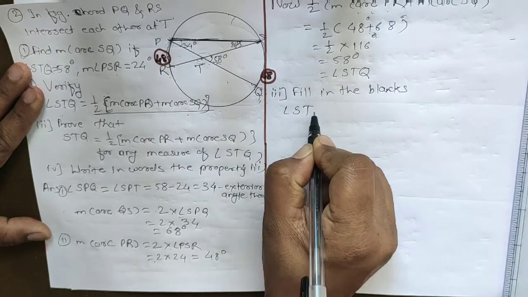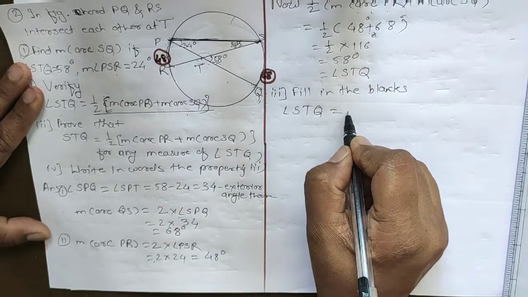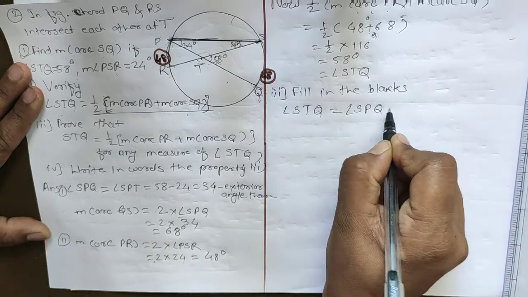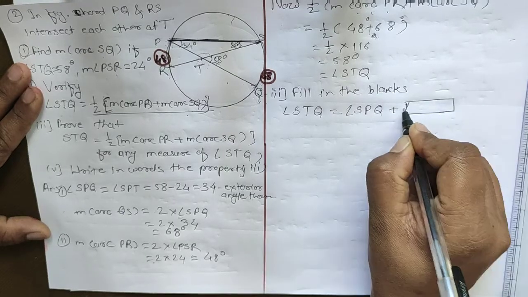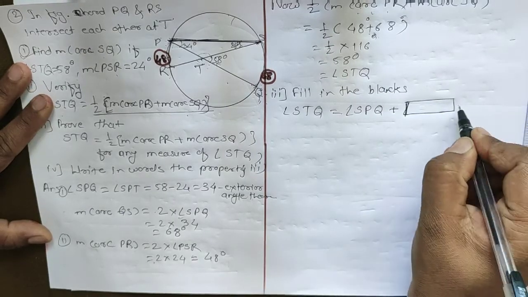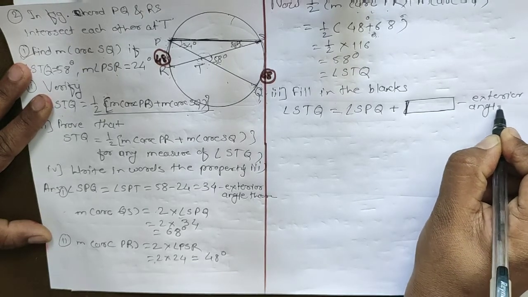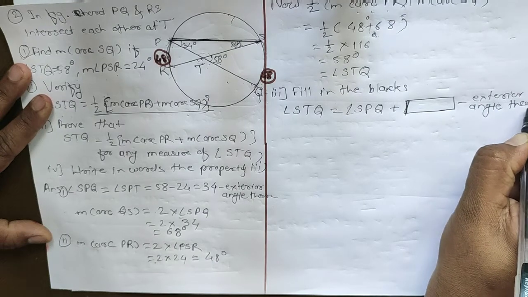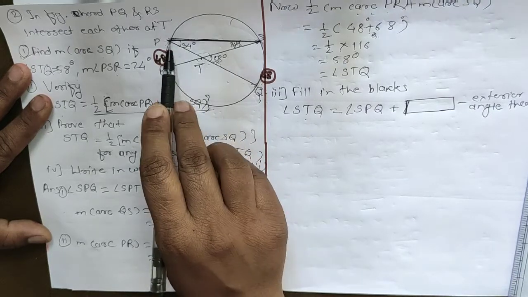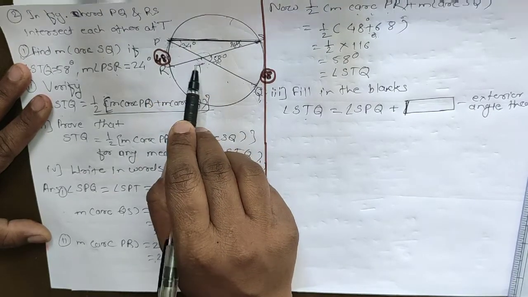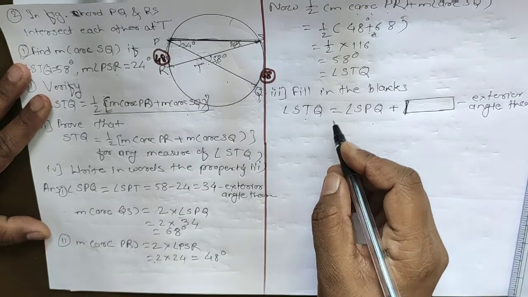So angle STQ is equal to angle SPQ plus angle, and a box is given here, and here it is the exterior angle theorem of a triangle. STQ is the exterior angle for which triangle? SPT. It is given, and next we have to write here in the box.